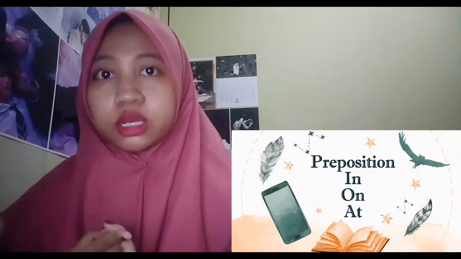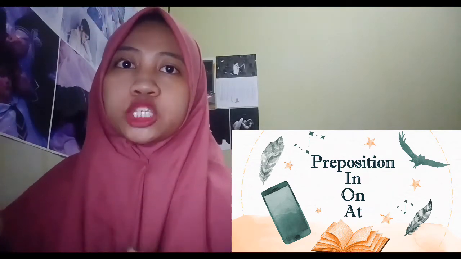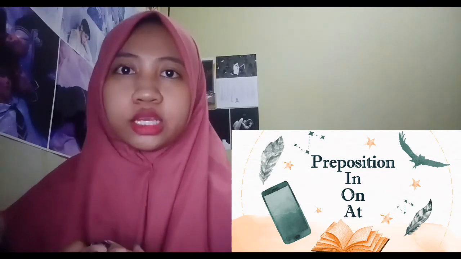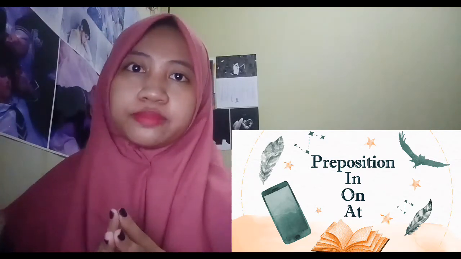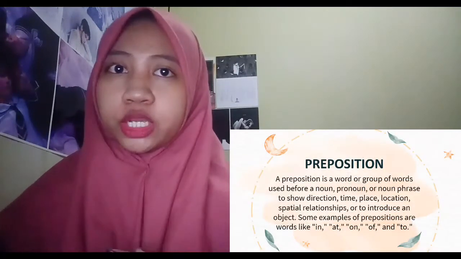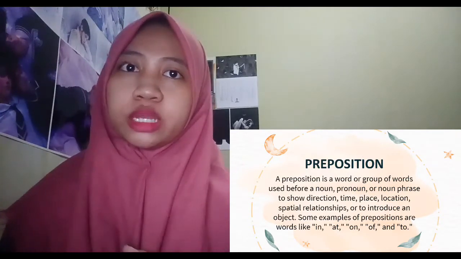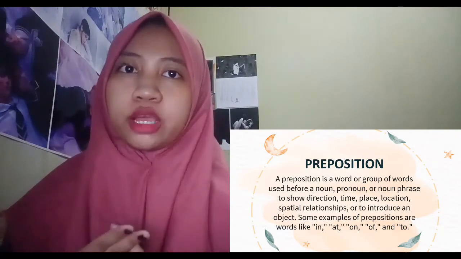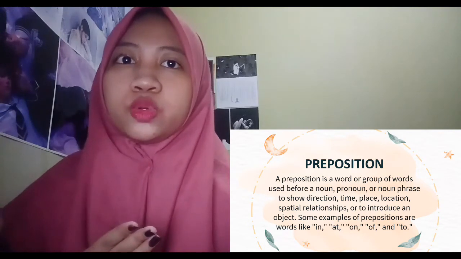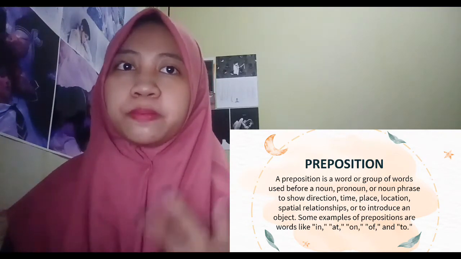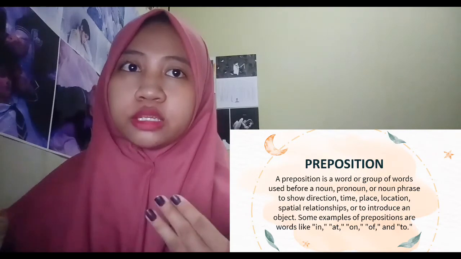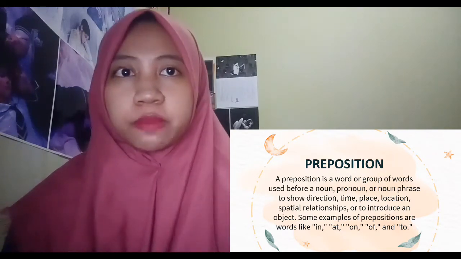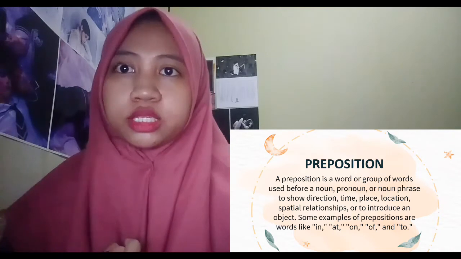I'll start by describing the definition of preposition. Then we'll move on to the next point, which is to explain when to use the prepositions in, on, and at correctly, along with some examples. So the first topic is, what is a preposition? A preposition is a word or a group of words that is used before a noun, a pronoun, and a noun phrase to show direction, time, place, location, spatial relationship, or to introduce an object.